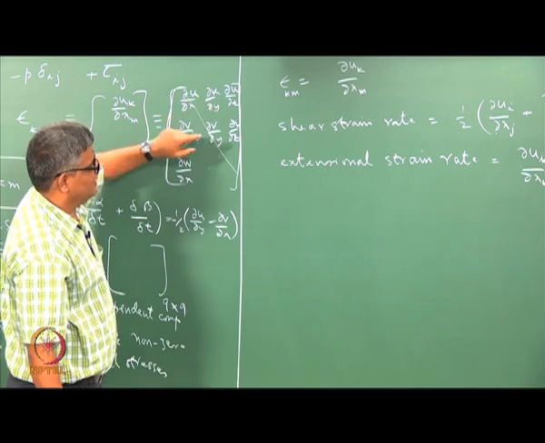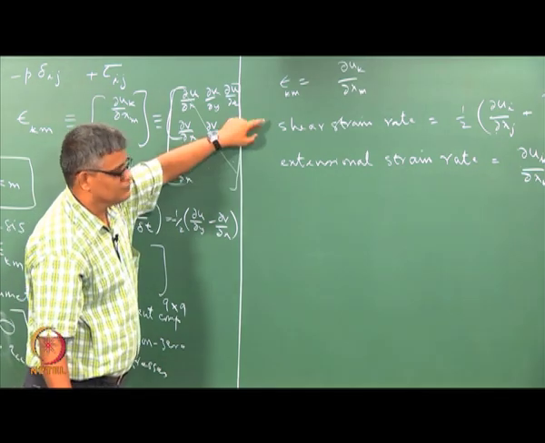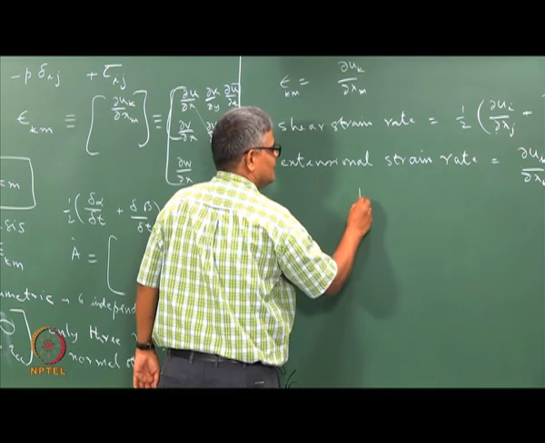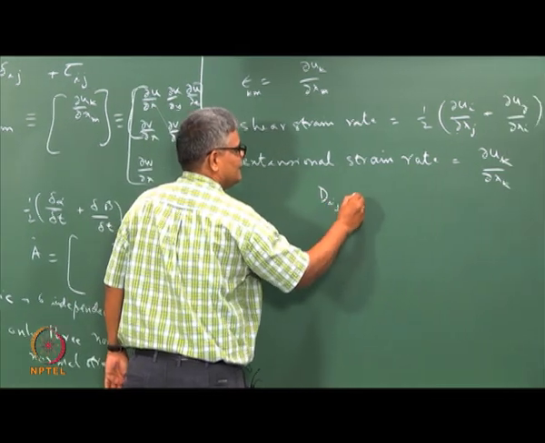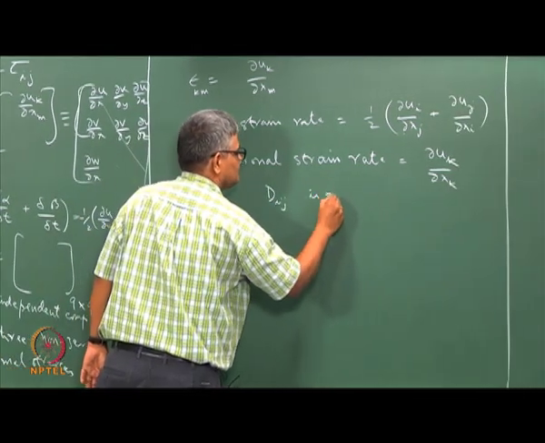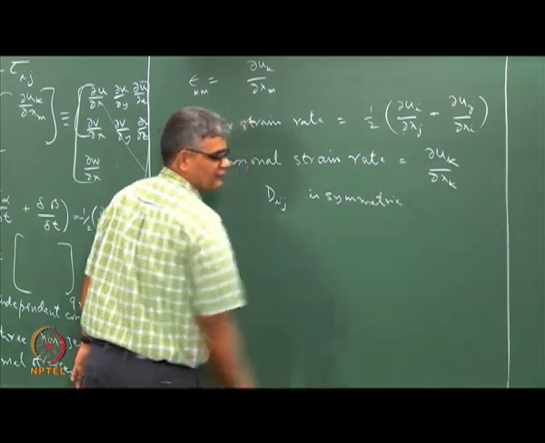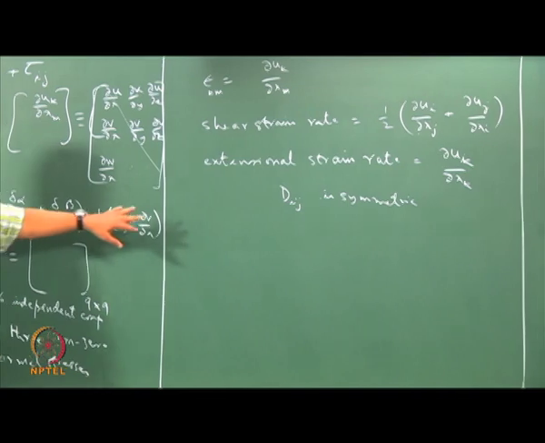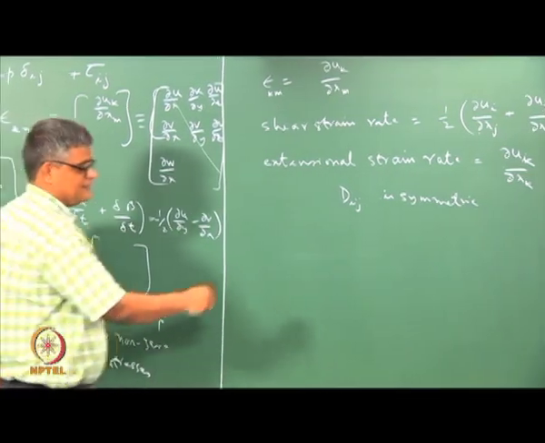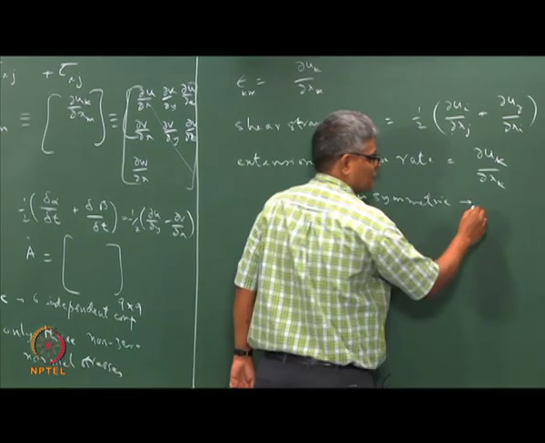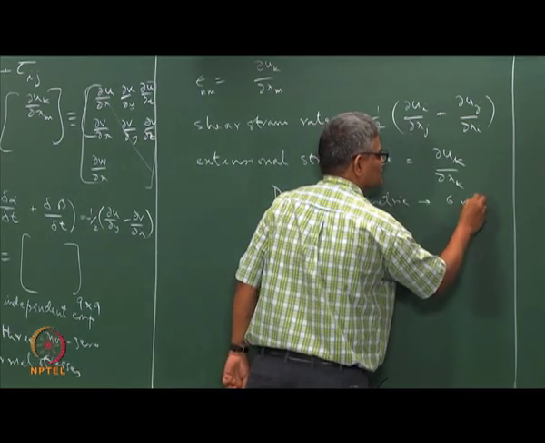So that means that a combination of these two, the deformation rate tensor Dij, is symmetric. Okay. So if Dij is symmetric, then it also has 6 independent components.